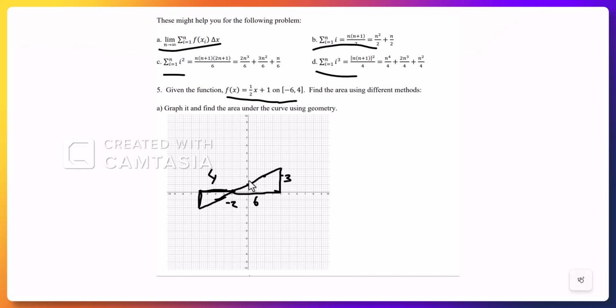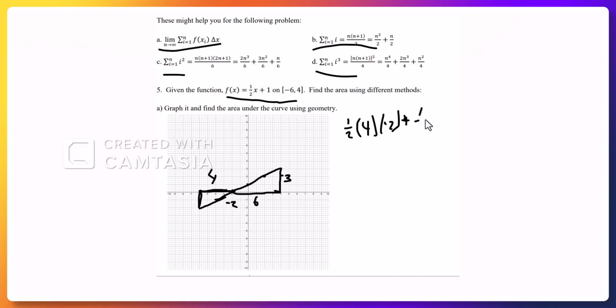Since we know that the right-hand triangles are 1/2 of a square, we can put it in this form. So we're going to do 1 over 2 to represent the half of the square, multiplied by the base times height. And we're going to be adding these two together to find the total area under the curve.